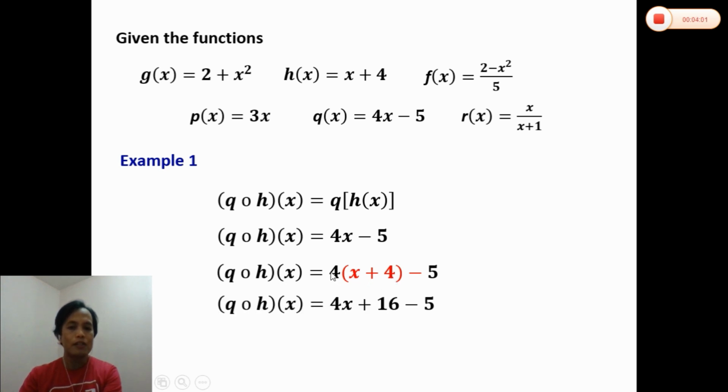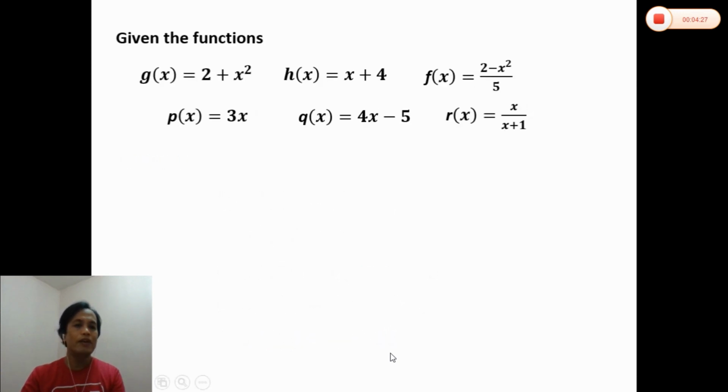That gives us 4 times x is 4x, 4 times 4 is 16. Then we copy minus 5. 16 and 5 are constants, so we can subtract. So the resulting function will be 4x plus 11. Since our domain is not being specified, this is now the final answer.